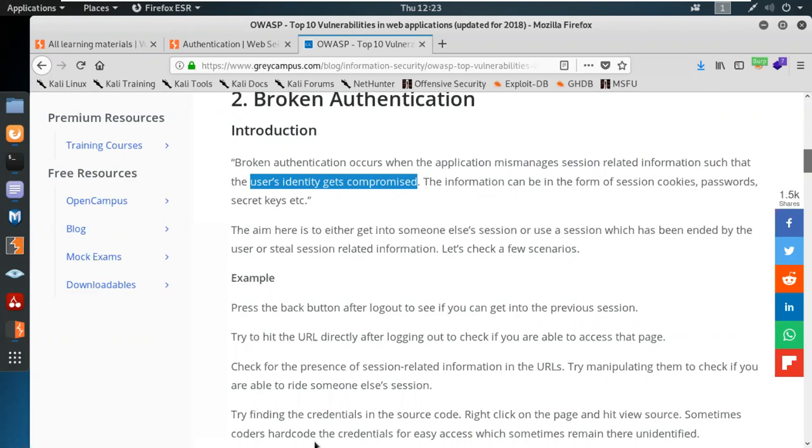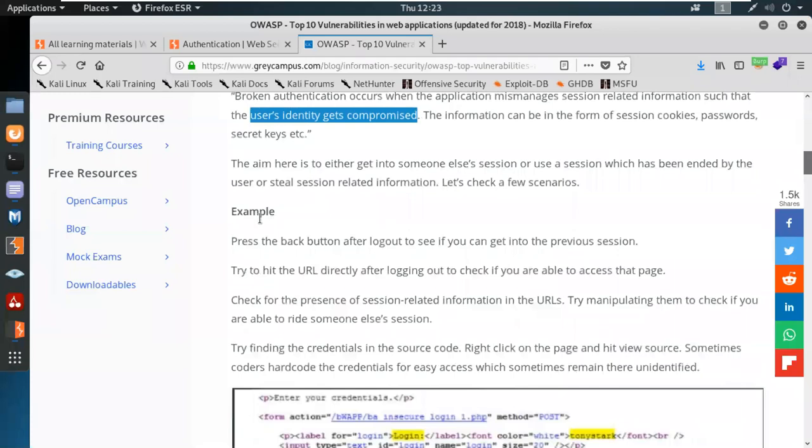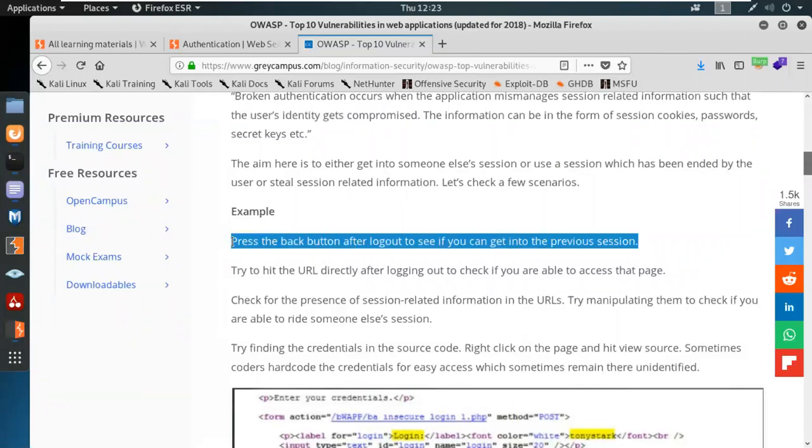So what could be the possible vulnerabilities of broken authentication? Weak encryption, session cookies, or the password. It could be anything over there. For example, they have given how to examine broken authentication. You can press the back button after the logout to see if you can get to the previous session or not. This was a vulnerability where an attacker logs out of the application and then presses back to get access to the previous sessions.